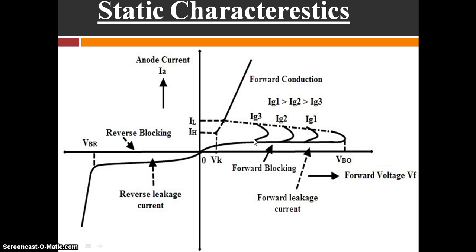In the blocking state, the anode to cathode voltage is less than the breakover voltage. The switching of the SCR from off state to on state is called the transition state.